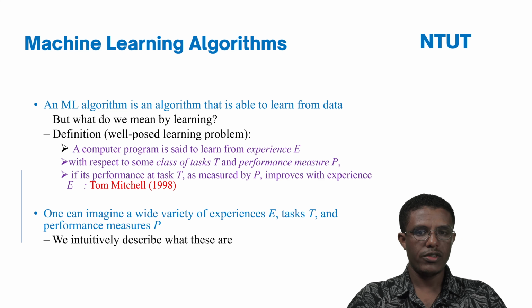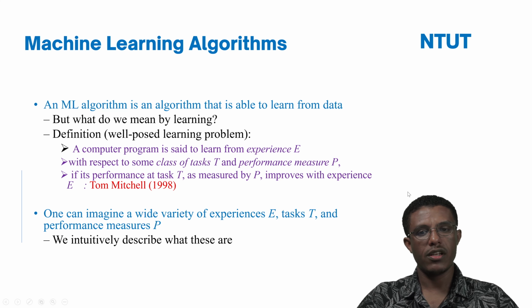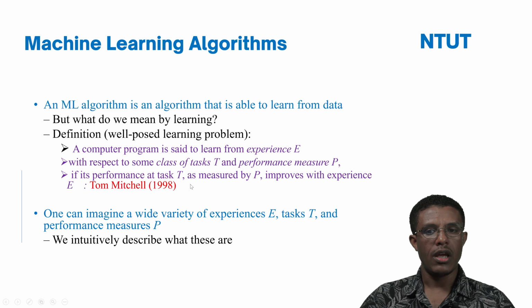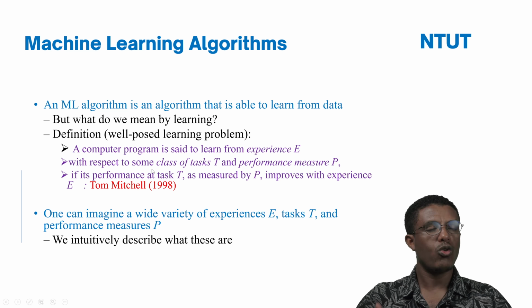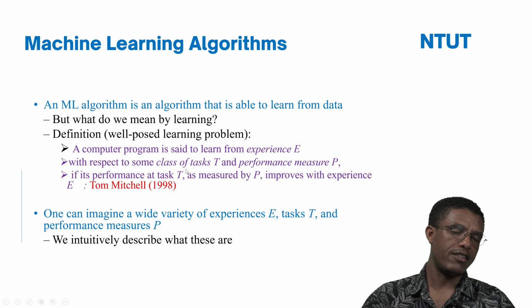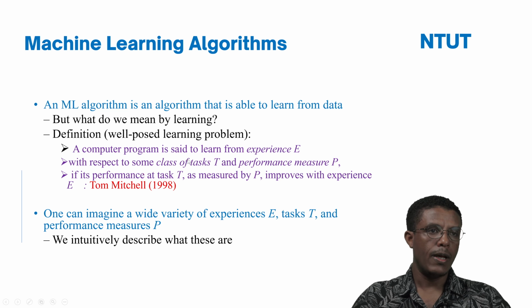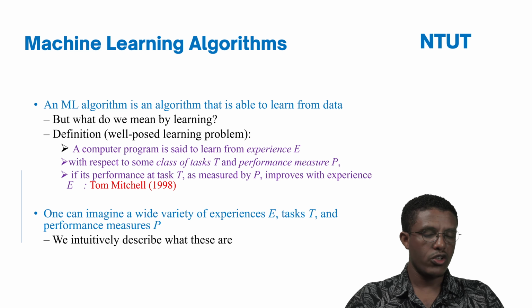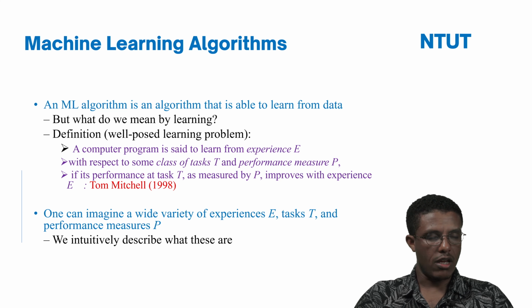So the concept of machine learning means a computer learns from past experience in order to perform different tasks T. The tasks may be classification, regression, image recognition, or any other type of task.